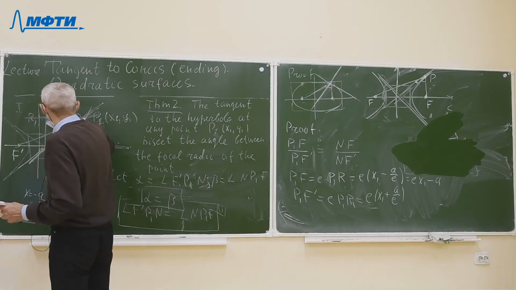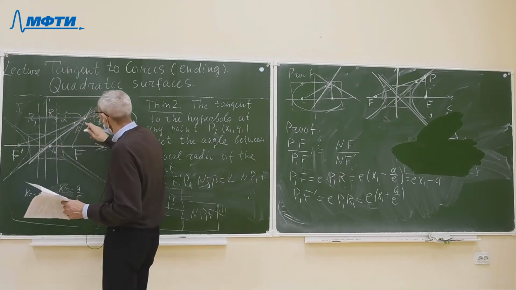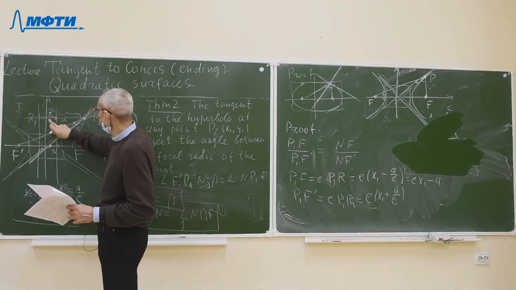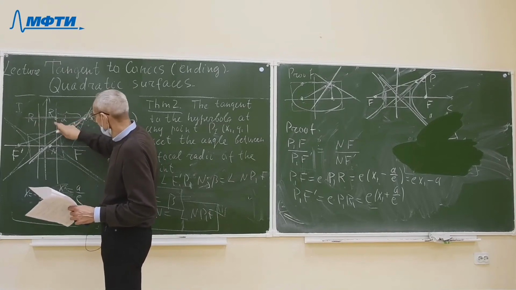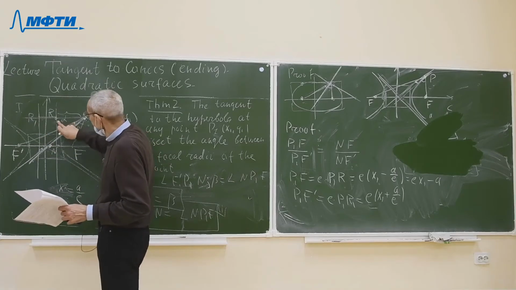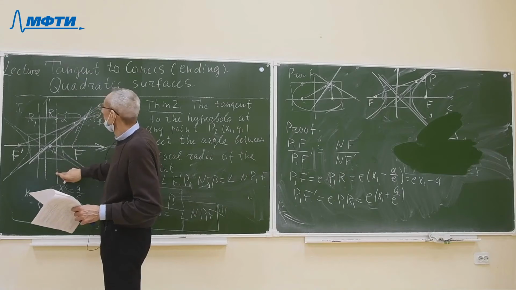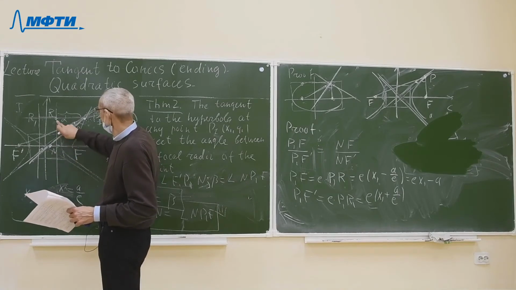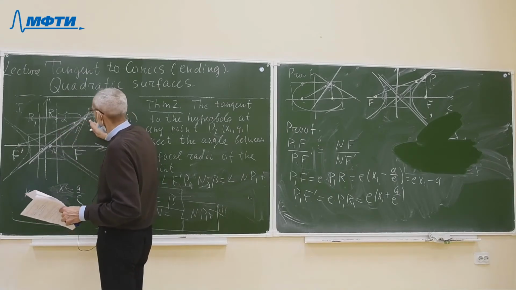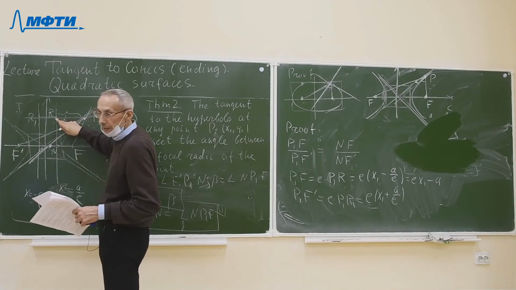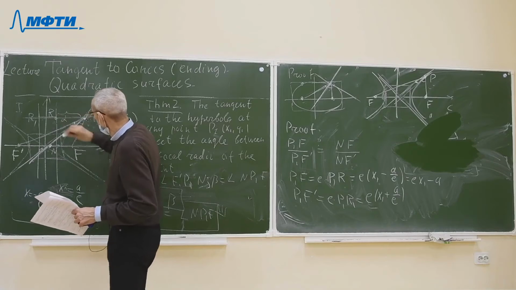R is the point of intersection of the perpendicular to the directrices with these directrices. This point lies on one hand on the directrix, and on the other hand on the perpendicular to this directrix.